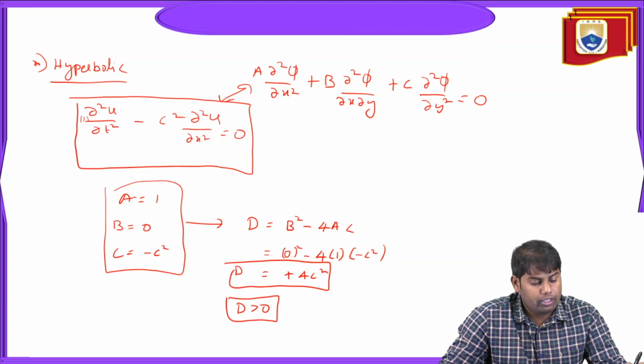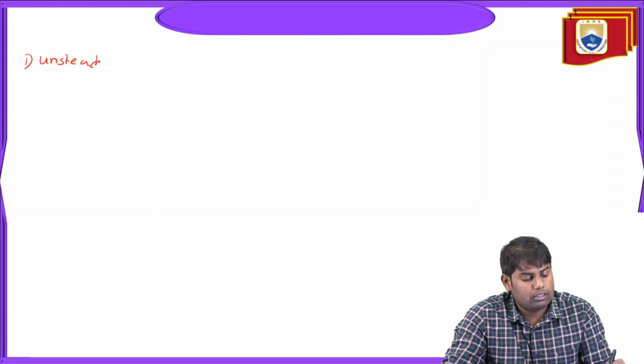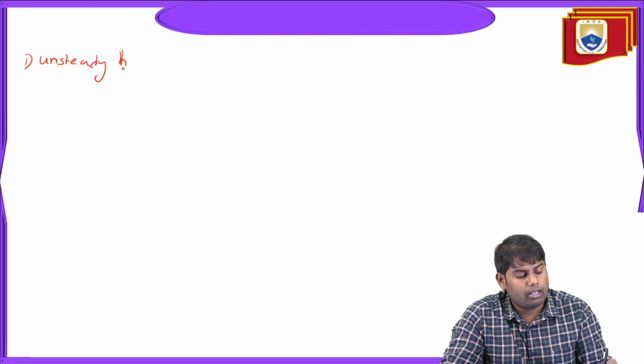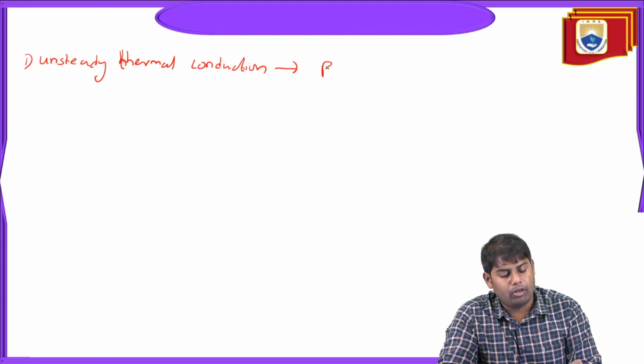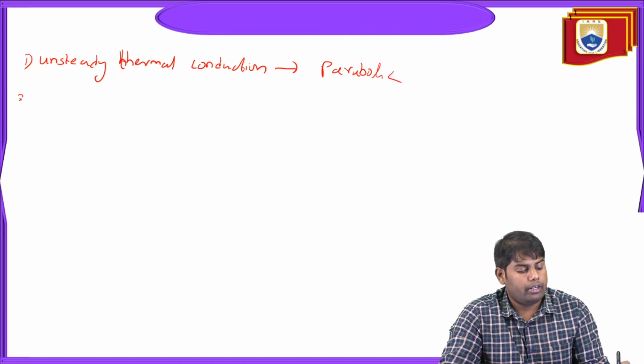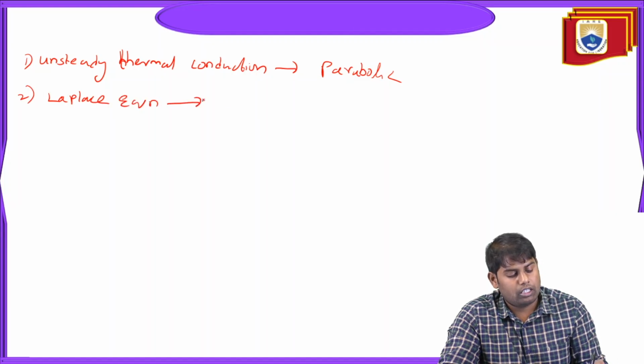So from the question, what we have seen: the first one, unsteady thermal conduction, is parabolic. Next, the Laplace equation comes under elliptic.